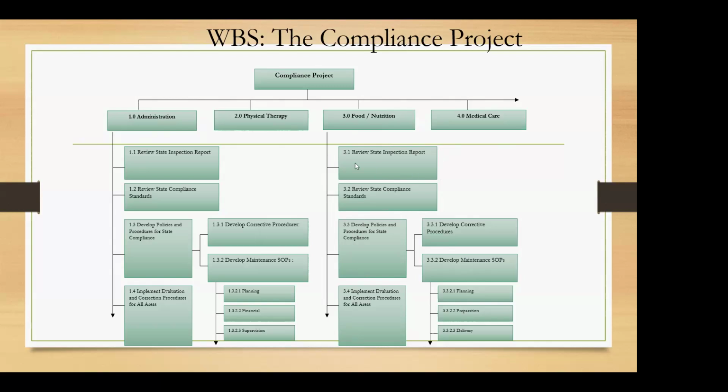We can review the state inspection report, state compliance standards, develop policies and procedures, then implement the evaluation and correction procedures in all areas. So when we talk about developing policies, you have to develop corrective procedures, develop maintenance SOPs. So developing maintenance SOPs require planning, you have to prepare and delivery likewise.